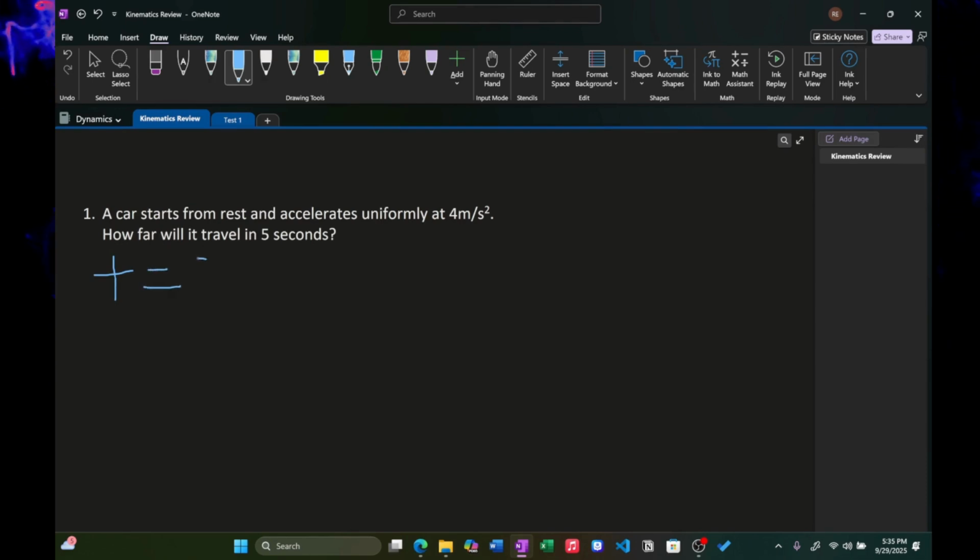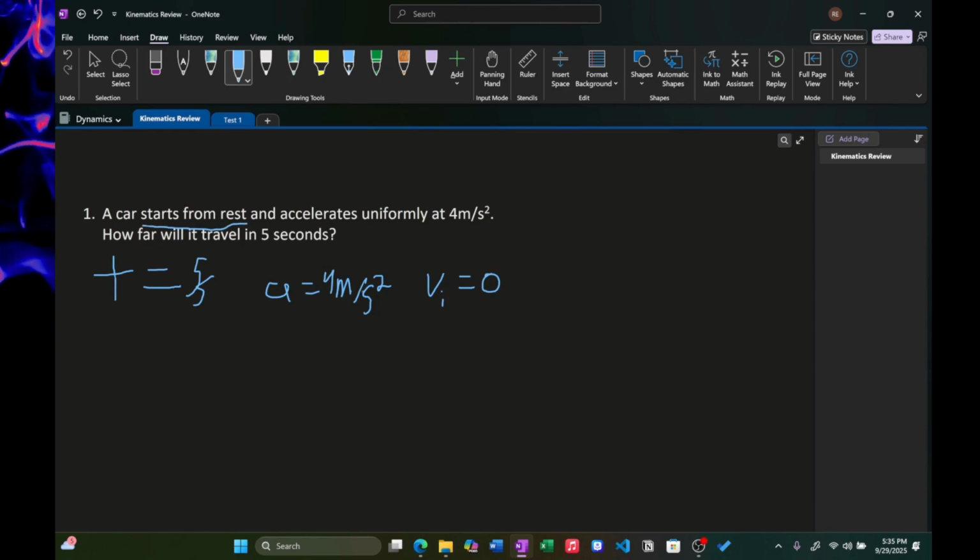We have a time, which is 5 seconds. We have an acceleration, which is 4 meters a second squared. We know the initial velocity is 0 because it says the car starts from rest. And that is all we know for this problem.